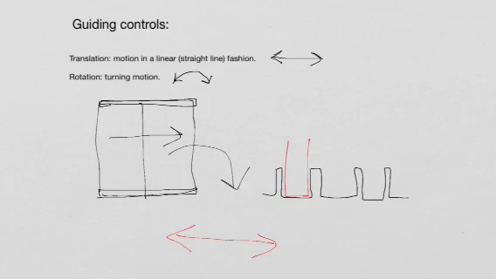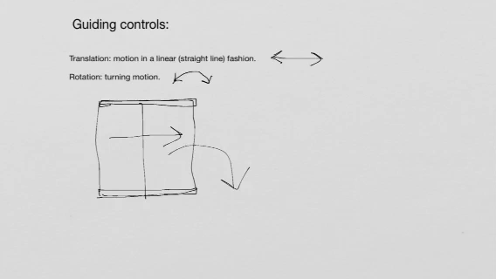So when something forces a certain motion on an object, we say that specific motion is a guiding control. In the case of the window, it is forced to undertake what kind of motion? It's forced to slide this way, and then it's forced to slide that way. If we look at the two symbols above, what kind of motion is that?